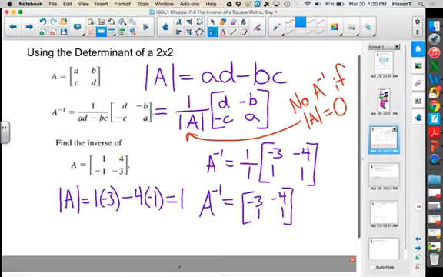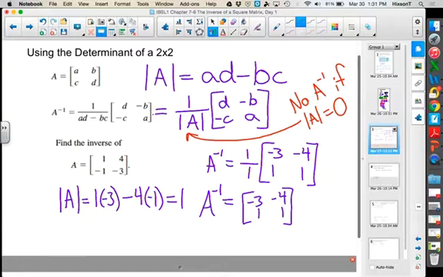Yes? Could you come in for the video? So after you get to this part, well, this is just 1. So technically you have to multiply everything in here by the matrix, and that'll be your inverse.